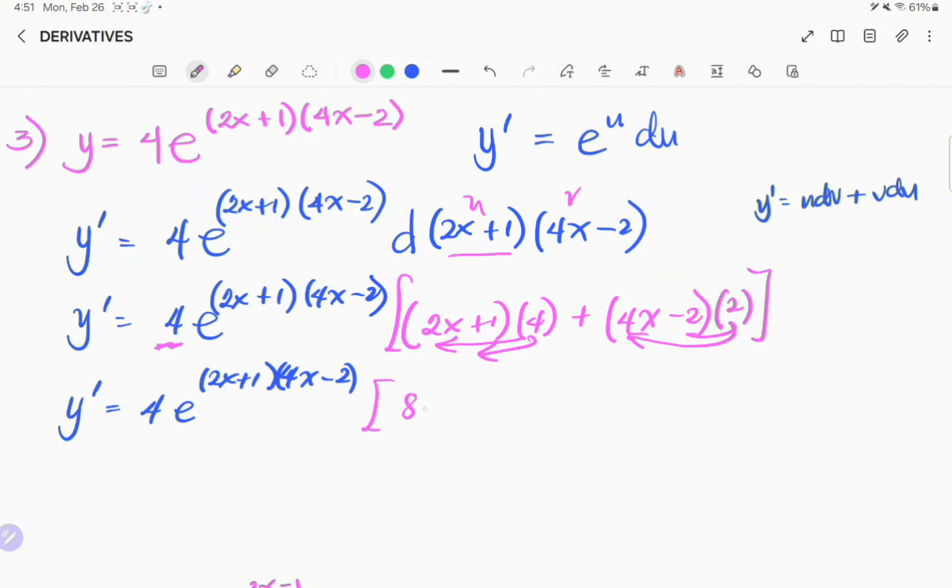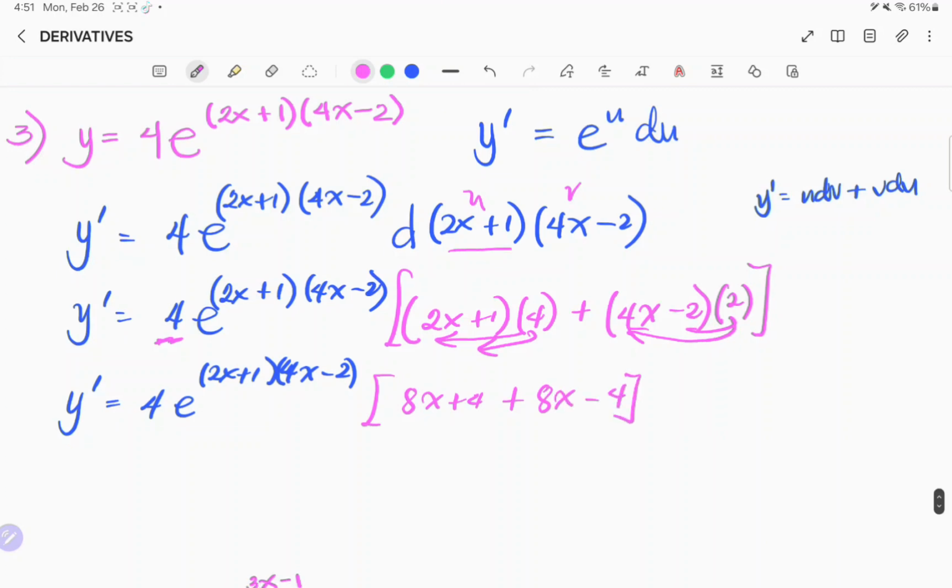So it will become 8x plus 4 plus 8x minus 4. As we further simplify this pink bracket, we have to cancel out, or 4 minus 4 is 0. So we have 16x inside this bracket, or 8x plus 8x.